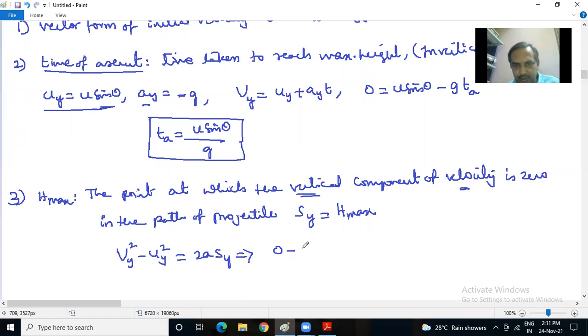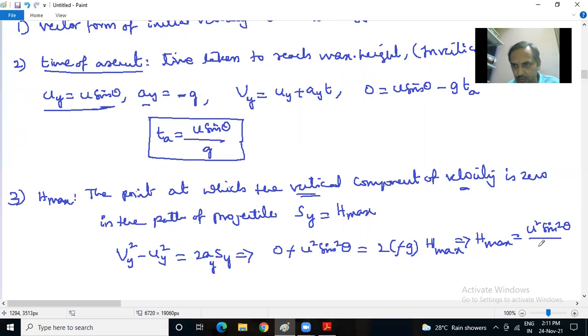Uy is u sin theta, so it will be u square sin square theta is equal to 2ay. So therefore, this is minus g. So sy is h max. Minus minus cancelled. So h max is equal to u square sin square theta by 2g.